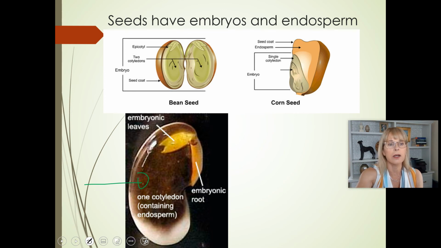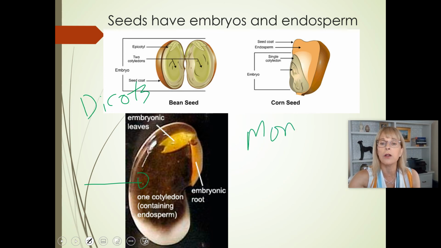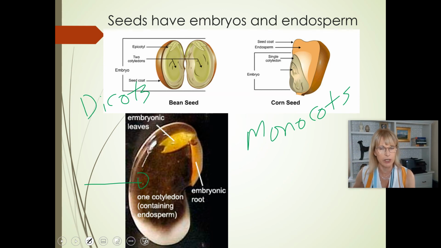Plants that have got two cotyledons are called dicots, and plants that have one cotyledon are called monocots. Remember, mono means one, that's why monoecious, one house, meaning male and female on one tree. Dicots like dioecious, two, right? So there are two cotyledons on dicots, and let me show you what those look like.